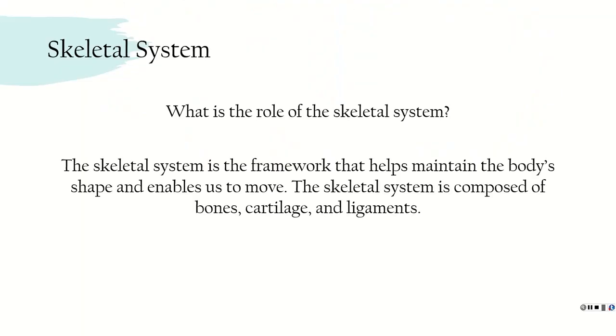So remember, what is the role of the skeletal system here? It's the framework to maintain the body's shape and structure, provides locomotion for us, it's protection, as well as housing organ systems, right? With the cranium and the thoracic cavities.